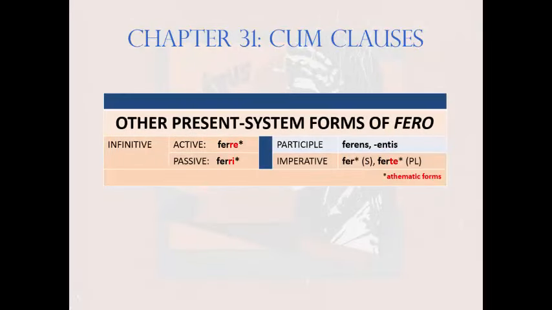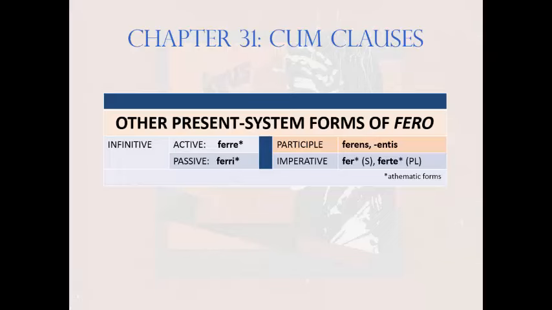The infinitives are athematic, ferre active, ferri passive, as are the imperatives, fer and ferte. Remember fer? It was mentioned in Chapter 8, with the three other verbs which have athematic imperative singulars, dic, duc, and fac. But the present participle, ferens, has picked up a thematic vowel.